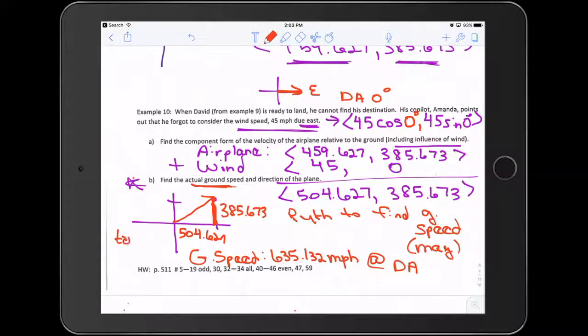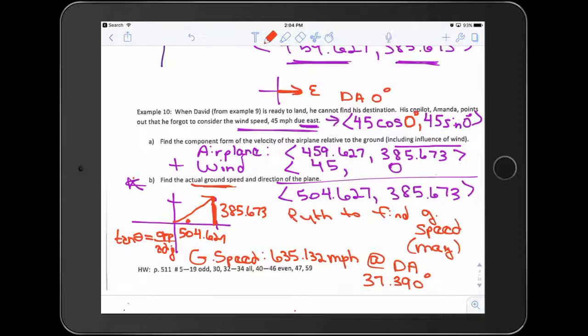So tan of this angle right here, which we'll call theta, equals the opposite over the adjacent, and then you can calculate that. And of course I don't have the space there, but when you find it, you will find that you have a direction angle of 37.390 degrees. So to find ground speed, Pythagorean theorem, to find the direction, tangent.